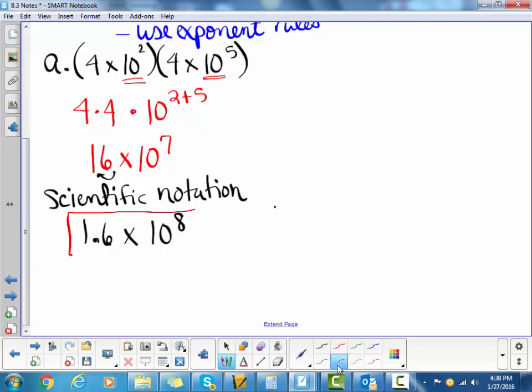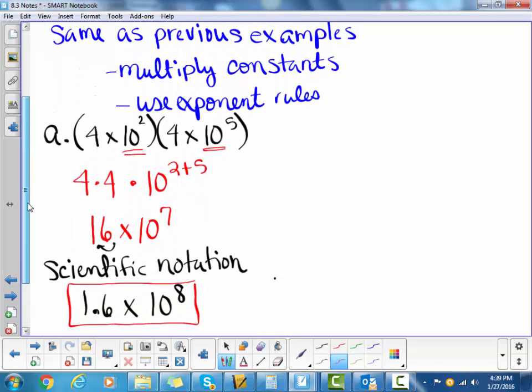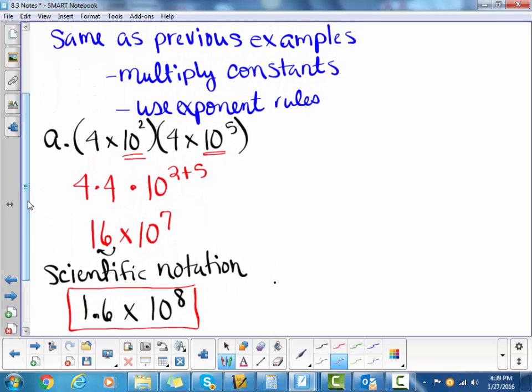Let's look at example B. Example B has 2 multiplied by 10 to the 6th power, and then that is multiplied by 10 to the negative 3 power.